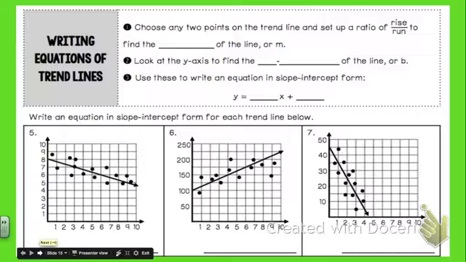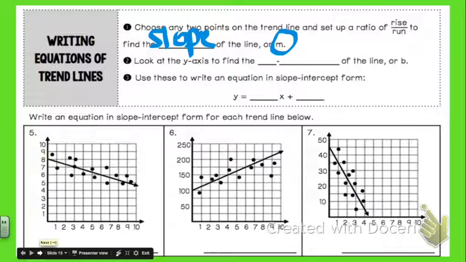Okay, so writing equations of trend lines. Number 1, choose any 2 points on the trend line and set up a ratio of rise over run to find the slope of the line, or m, and we all know that m stands for slope.